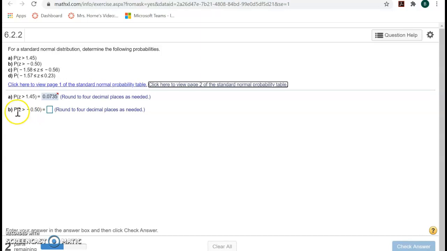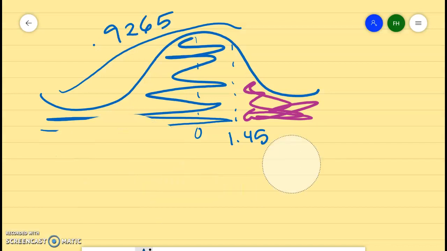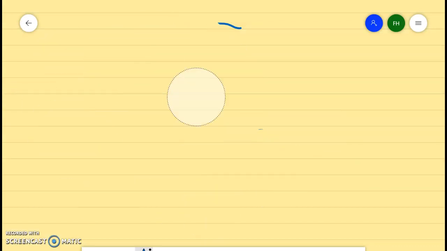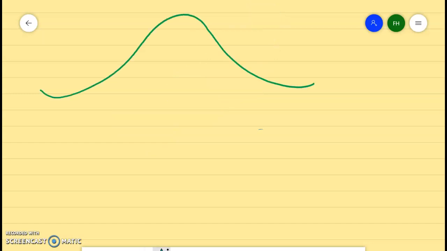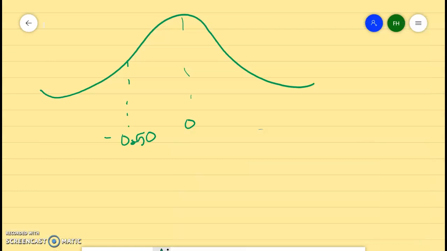Now, the next one you would do the same way: greater than negative 0.50. Here's 0, and negative 0.50, negatives are on the left side. We want greater than, so first we have to look at the table.